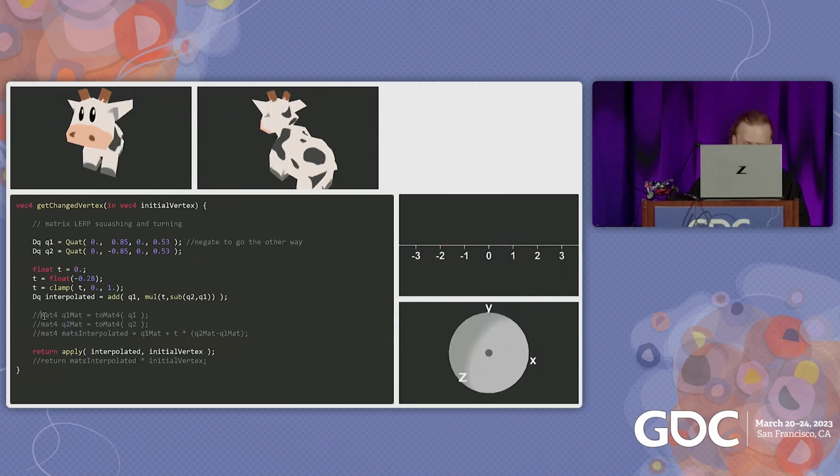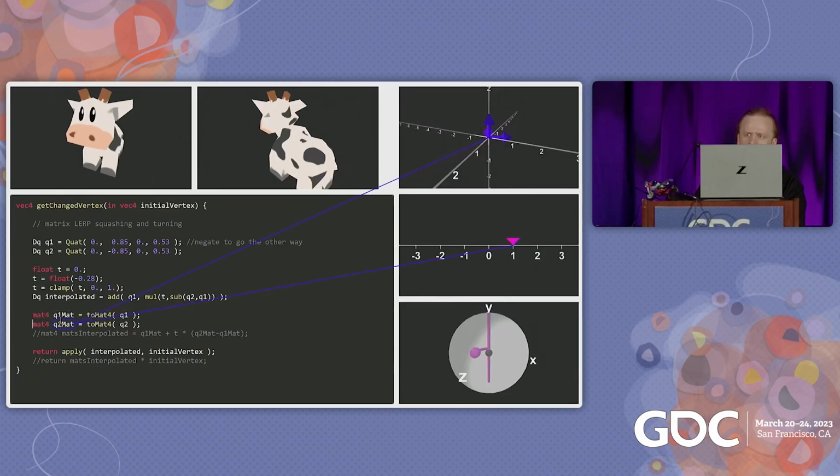And if I turn these quaternions into matrices, which I'm doing here, so here we've got a matrix, and I'm visualizing it with what it does to the x direction, the y direction, and the z direction. I've got these two matrices which come directly from those two quaternions that we've got in the bottom right. And I can similarly do the first matrix plus t multiplied by the second matrix minus the first matrix.